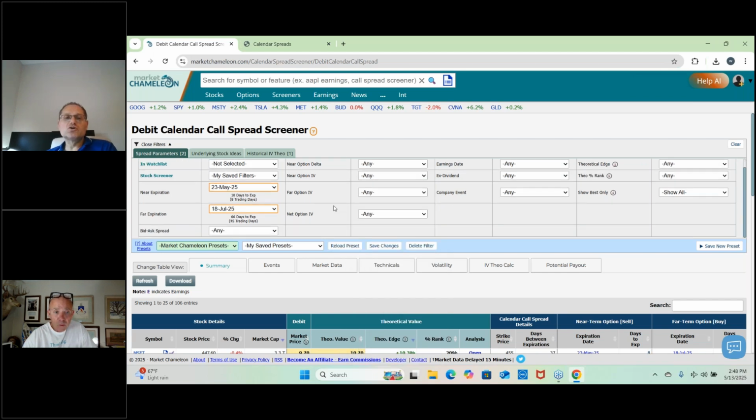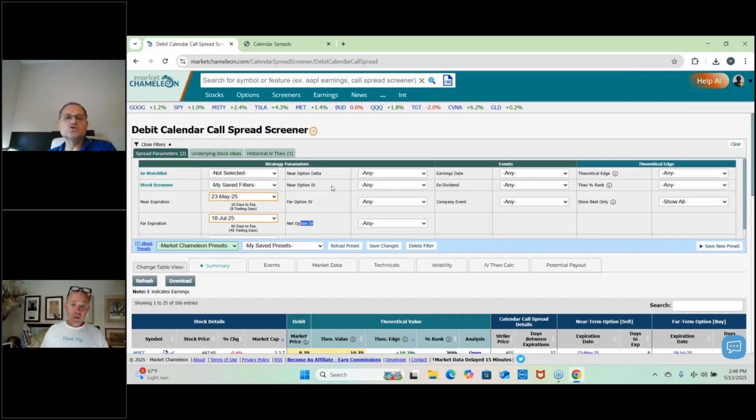But if you wanted more parameters like high volume or unusual volume, you could go to the stock screener. In the stock screener, you have a lot more filters. Set those filters and save it.